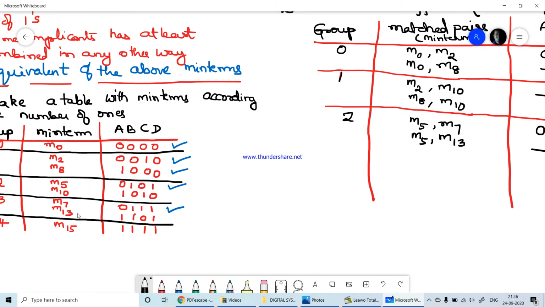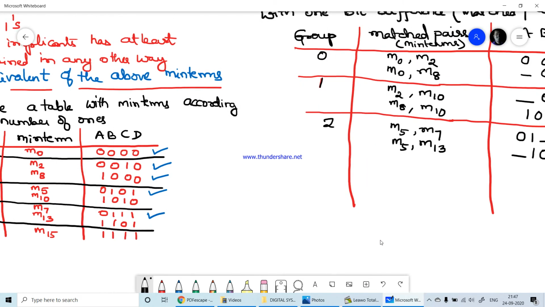Now let me see, can I match M10 with M7 and M10 with M13? M10 and M7: 1, 0, 1, 0 and 0, 1, 1, 1. We have a 3 bit difference here, so it is not possible. Coming to 10 and 13, we have 1, 0, 1, 0 and 1, 1, 0, 1. So we have a 3 bit difference. So M10 cannot be matched with M7 or M13.